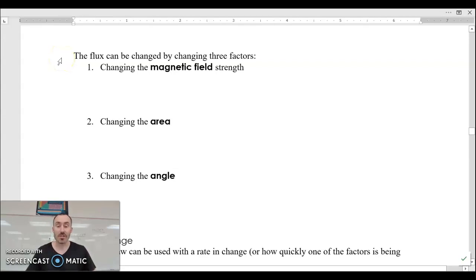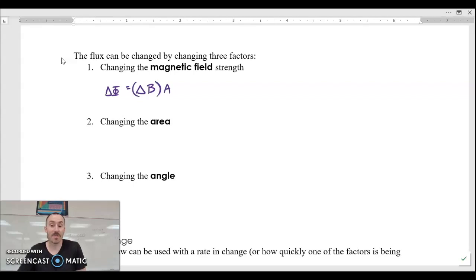So you can change 3 things to change the flux. You can change the field strength, you could change the area of the loops, you could change the angle between the field and the plane of the loops. And so change in flux could be changing the B part times A cosine theta.